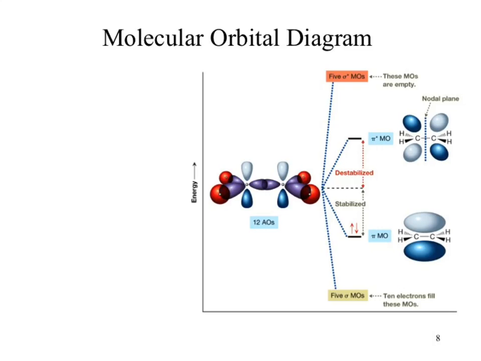So there's one bonding molecular orbital. What about the other one? There's 2, 3, 4, 5. If we have 5 bonding orbitals, what else do we have? 5 antibonding orbitals. Straight off of looking at that molecular orbital picture.